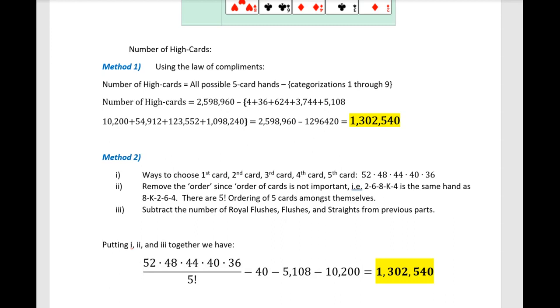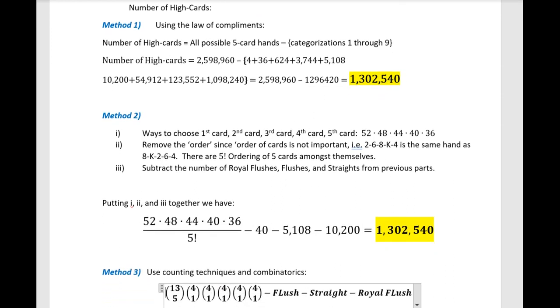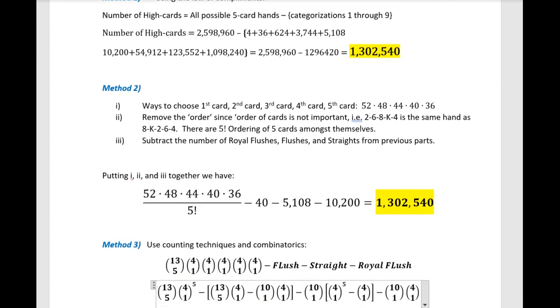The last method, which is kind of nice, I like this one because it's just more rigorous, and it uses counting techniques in conjunction with combinatorics, using combinations. So how are we going to go about this one? Well, initially for the first 5 cards, there are 13 denominations to choose 5 from.